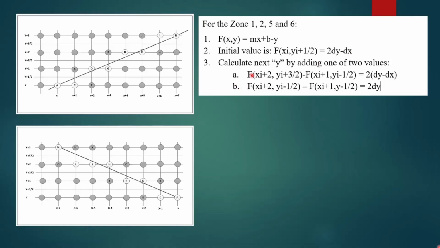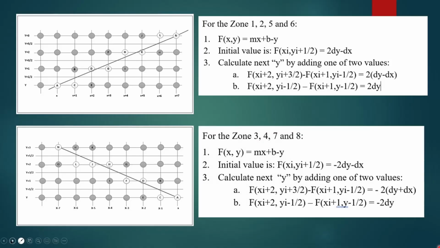And we're going to calculate the next y by adding one of these two values: 2 times (dy minus dx), if y is incremented, or 2 times dy if the value of y remains the same. That's for the positive slope, which covers zones 1, 2, 5, and 6.